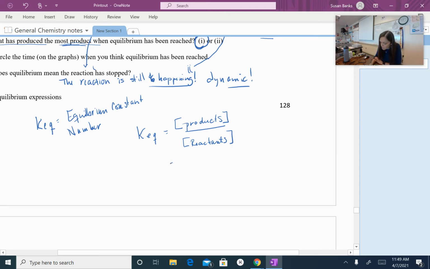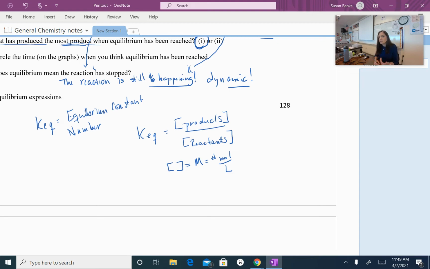If you remember from our molarity unit, these square brackets mean molarity, which is number of moles per liter. Okay? So that also means that when we do equilibrium constants, we can only put in concentrations, things that we can actually put in terms of moles per liter.